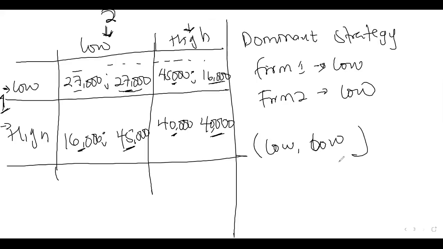That will be the Nash equilibrium. And then the outcome of the Nash equilibrium is 27,000 for each, okay? All right, so remember that Nash equilibrium is the meeting point for dominant and dominant strategy when both of them have a dominant strategy, okay? So we are done with that.